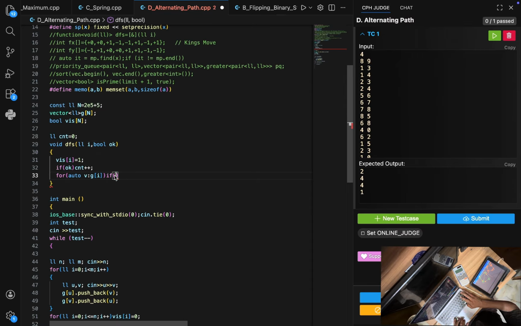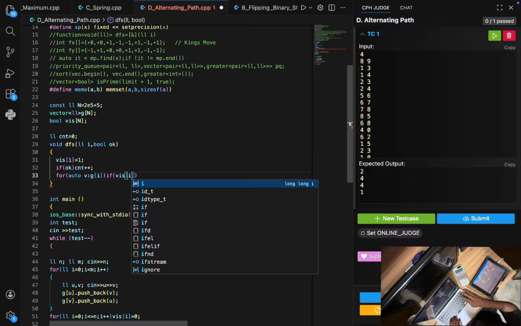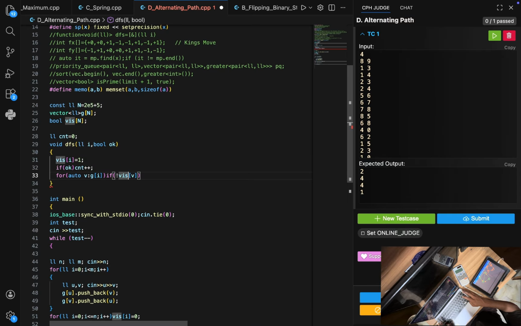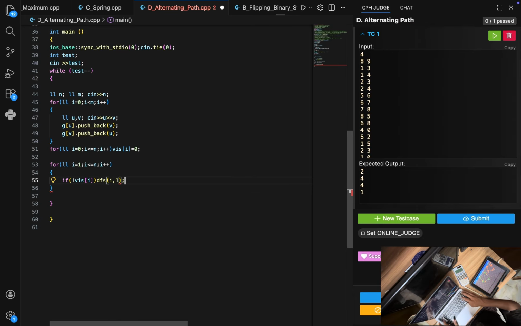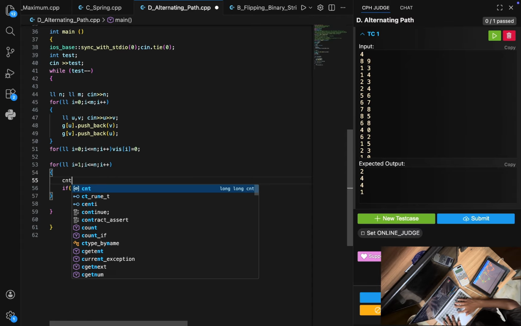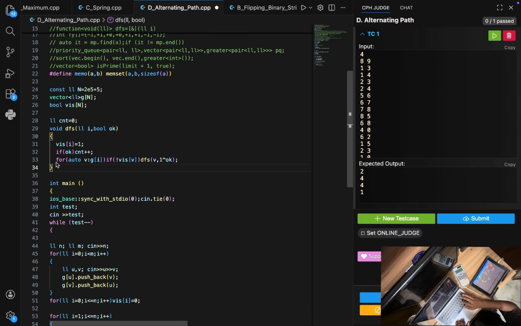Actually, I don't need. Okay, when it will not work is if I found any visited.